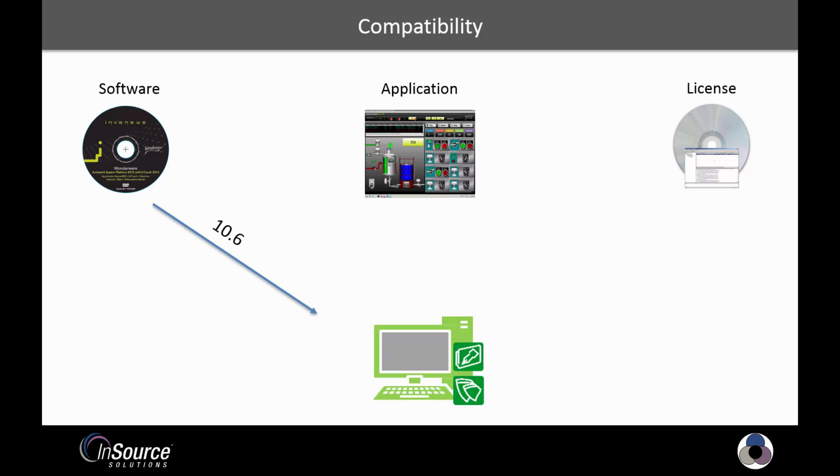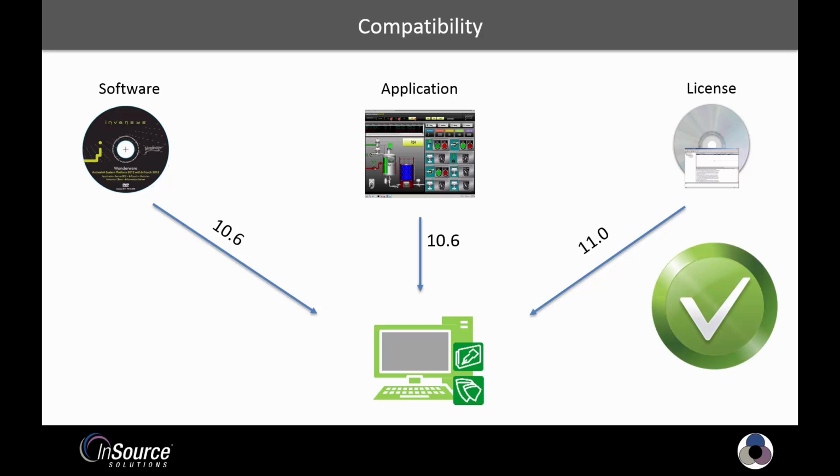I have 10.6 of my software installed on a computer, 10.6 application that a customer gives me, I put on that computer as well. My license is 11.0. Will this work? Answer is yes, it will. Our license is backward compatible. It will enable an older version of the software so that I can open up my application.